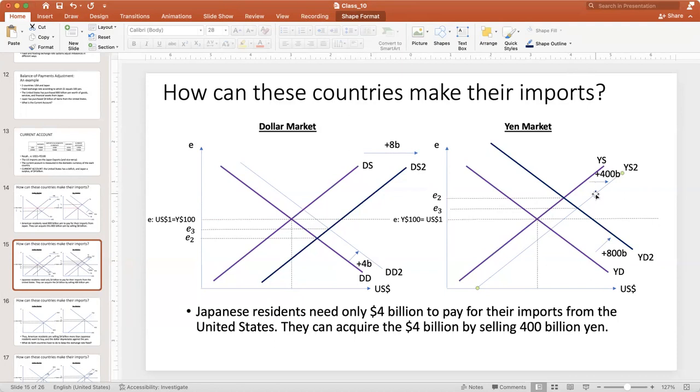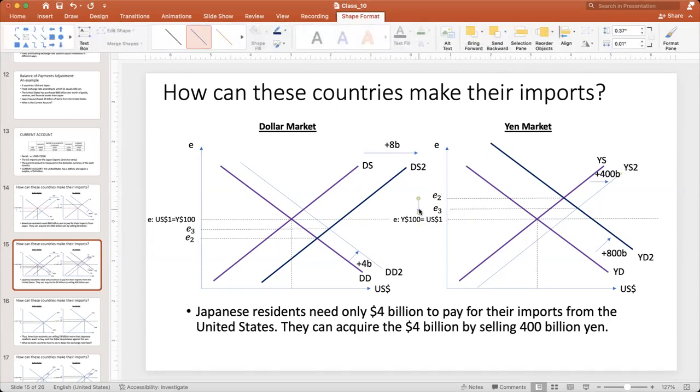Because the Japanese government is increasing the money supply of yen in the yen market, the price of the yen should be lower. So there is a depreciation here from E2 to E3.